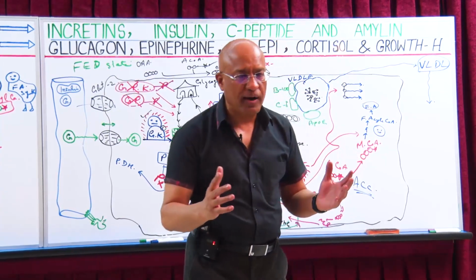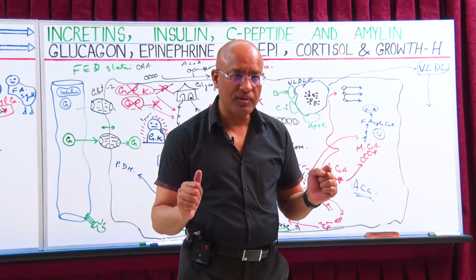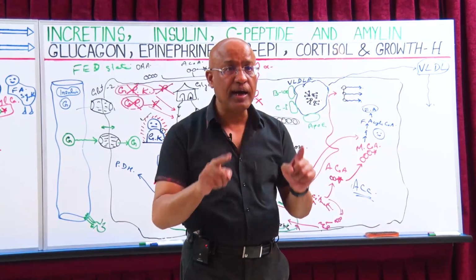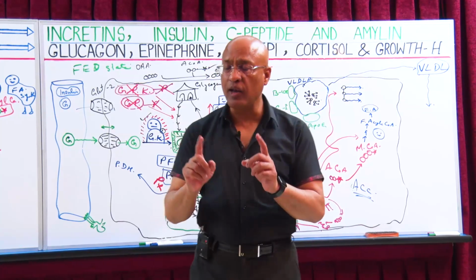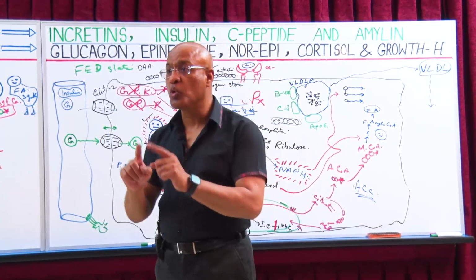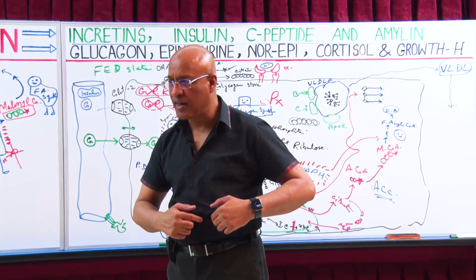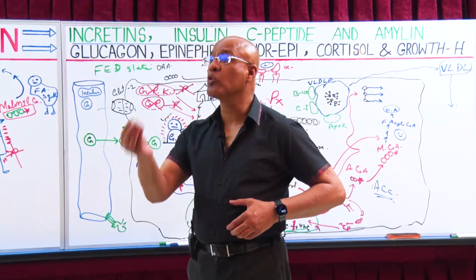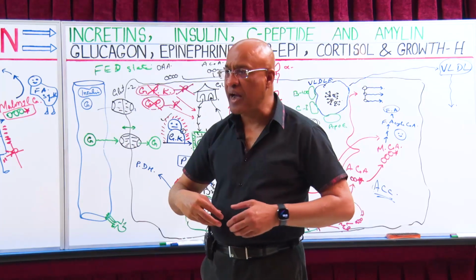Chylomicrons are also what? Lipoproteins. But chylomicrons are synthesized inside the enterocytes. Chylomicrons are synthesized in the mucosal cells of the GIT. There, the triglycerides, which are exogenous triglycerides, are packed into what?